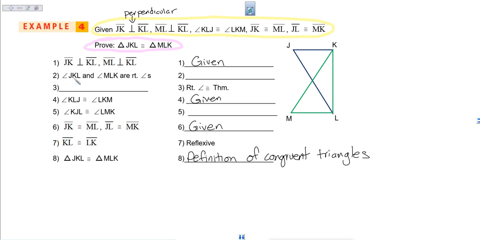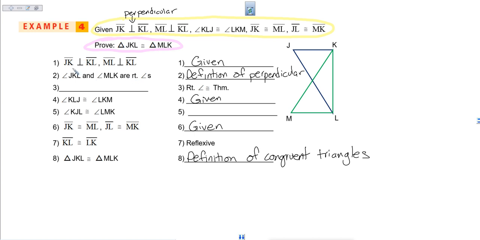They make right angles. That's what we can say in this next one. It is because of the definition of perpendicular. We know that those two angles are right angles.